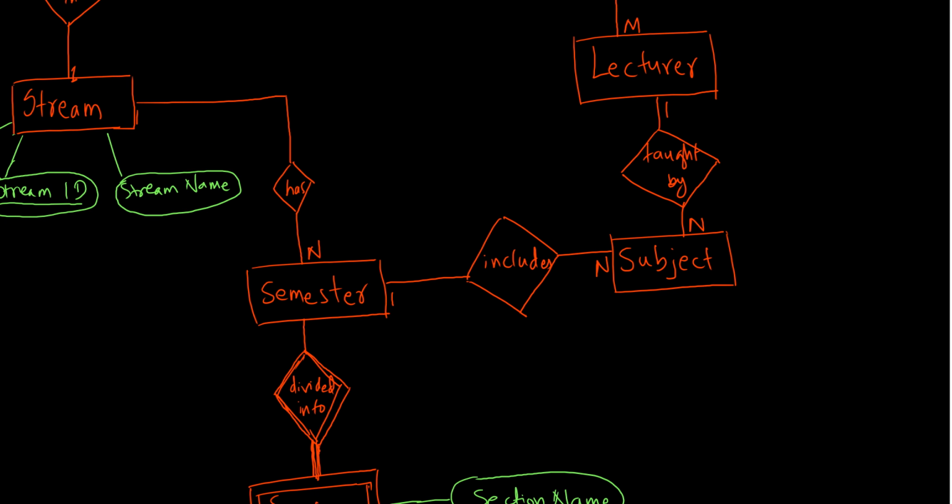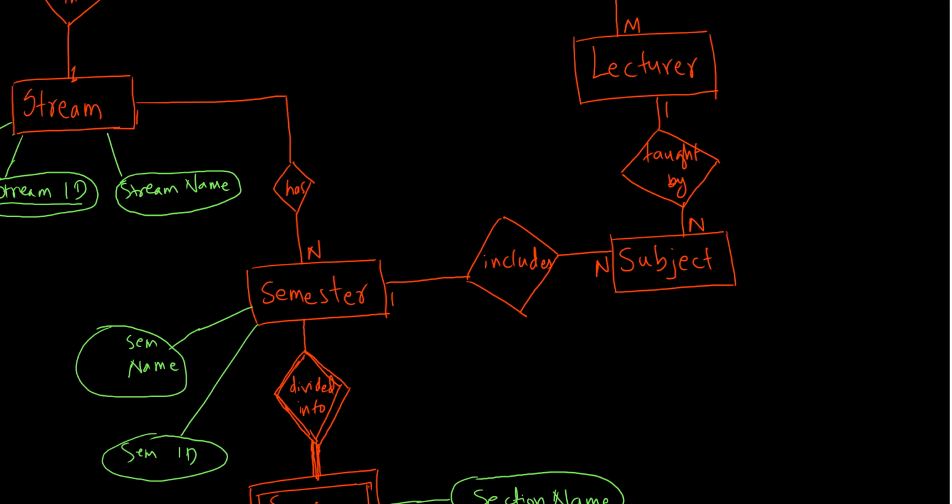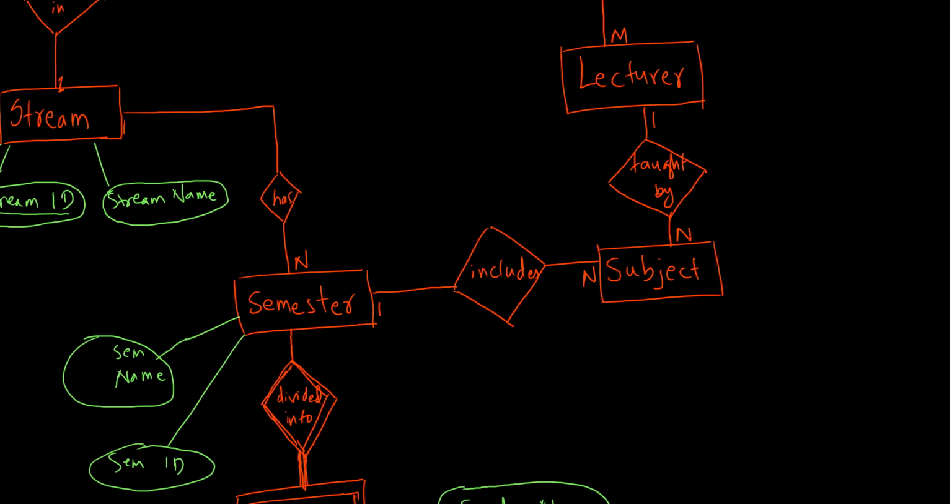And for semester, we can write something, semester name, semester ID. So you get the idea. These are some of the very basic attributes that we are writing.